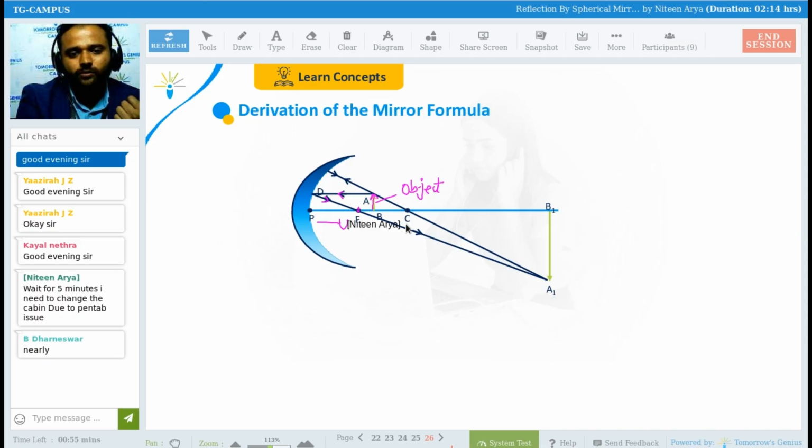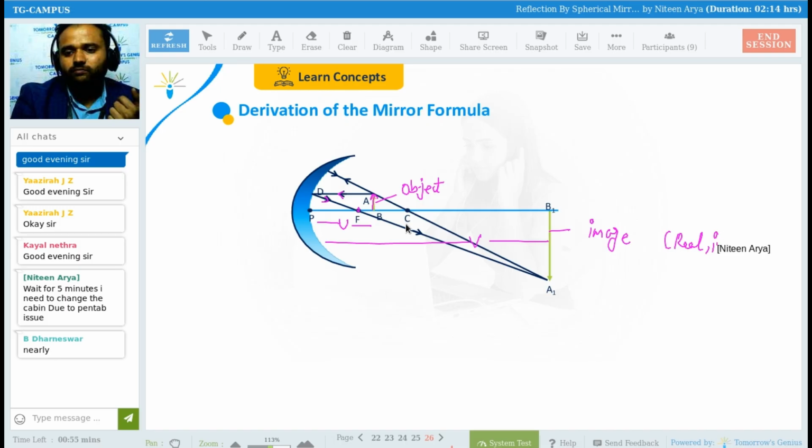Obviously it is going to be u, and if this is the image, it is going to be v. As we can see, the image is below the horizontal axis, so it is real and inverted.